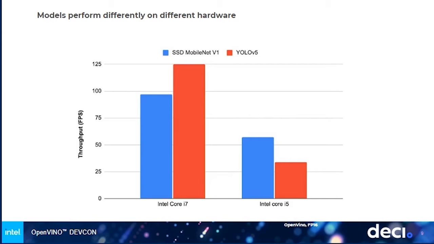This is throughput, so higher is faster. And what we see is that SSD MobileNet is slower on the Intel Core i7, while it is faster on the Intel Core i5. So it's not exactly predictable whether the ranking among networks will stay the same on different hardware.